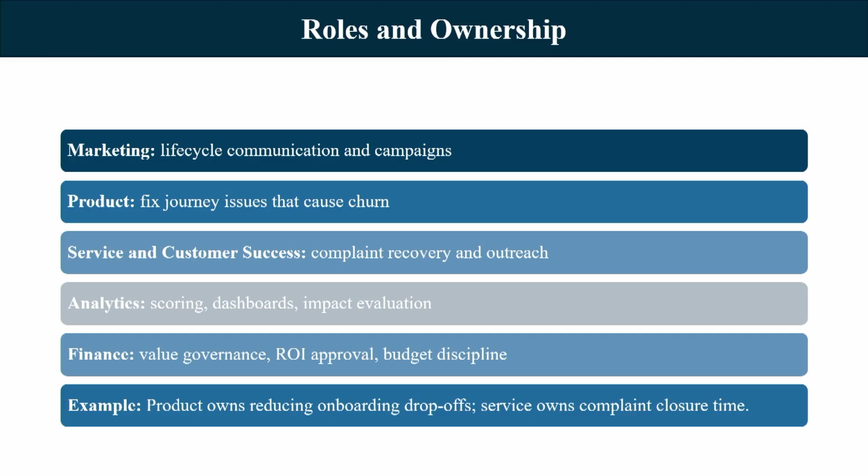So, which particular domain will own which kind of roles and what kind of responsibilities they are expected to carry. When I talk about the marketing domain, what they should do when it comes to customer churn prediction and combating is the life cycle communication and campaigns.